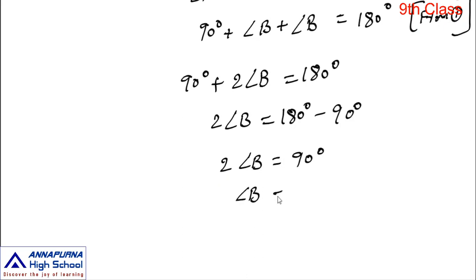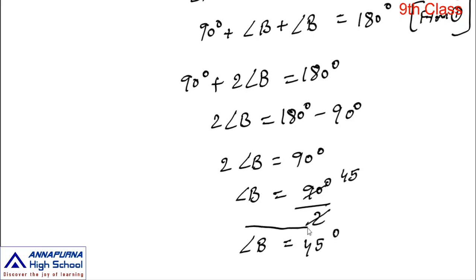So angle B is equal to 90 degrees by 2. 2 cancelled, 90 degrees is 45 times. So angle B is equal to 45 degrees.